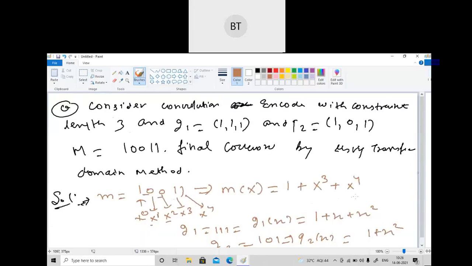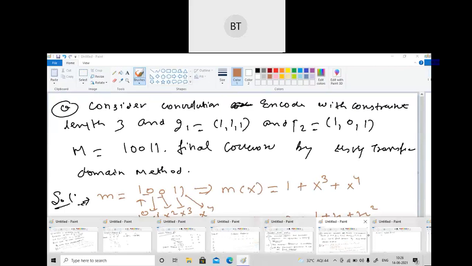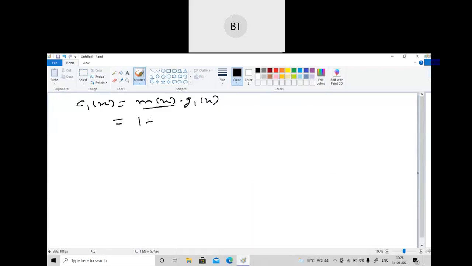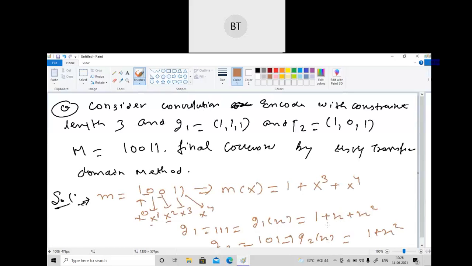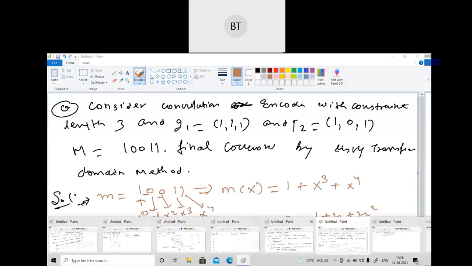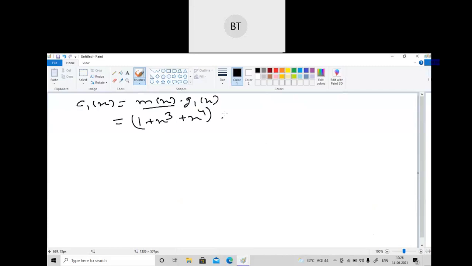Mx was 1 plus x cube plus x4, and that will be multiplied with G1x, which was 1 plus x plus x square.